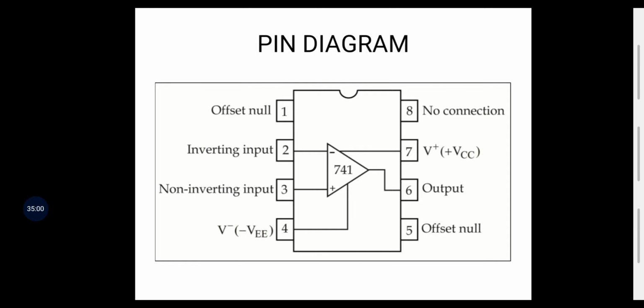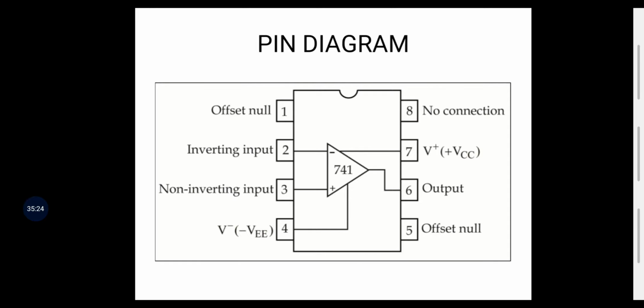Next, the fourth pin is minus VEE. Here we apply both voltages, plus VCC and minus VEE. VCC is given to the collectors of both transistors, and VEE voltage is given to the emitters of both transistors.